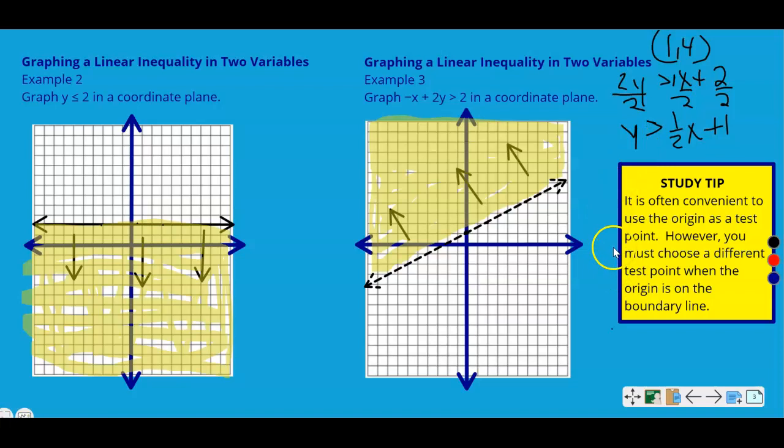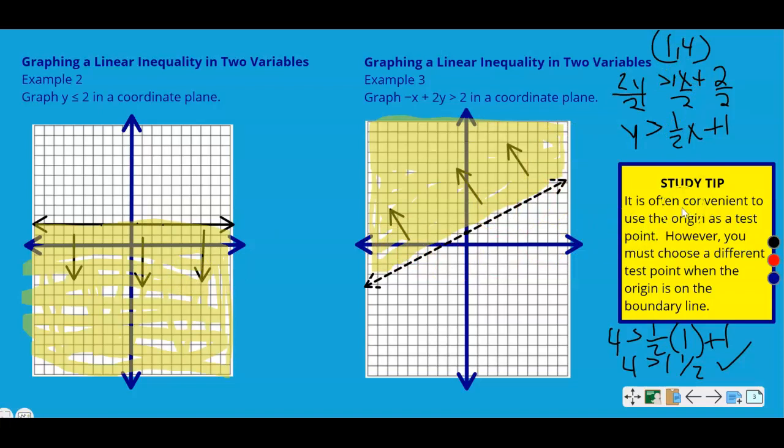I'm going to come down here and say 4, is that greater than 1/2 times 1 plus 1? So is 4 greater than 1/2 times 1, which is a half, plus 1, which is 1 1/2? Is 4 greater than 1 1/2? It is. So that just gives us a confirmation that we graphed this correctly.